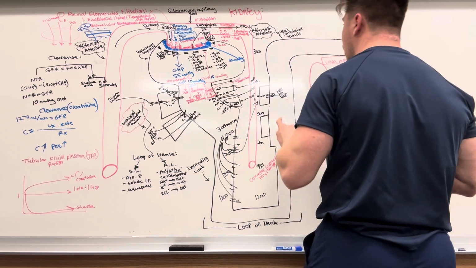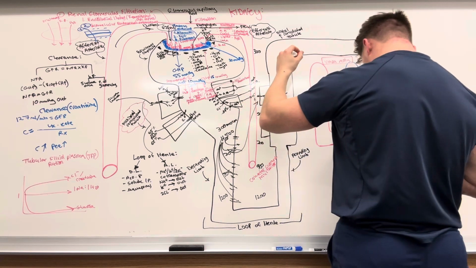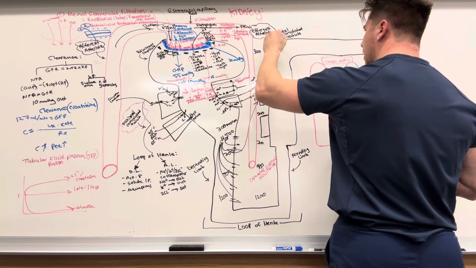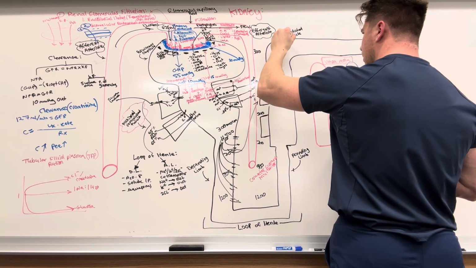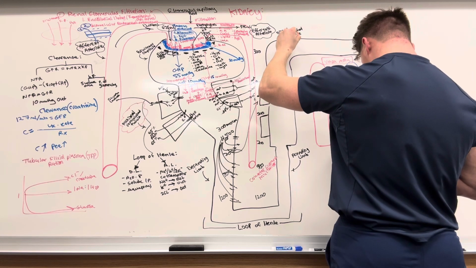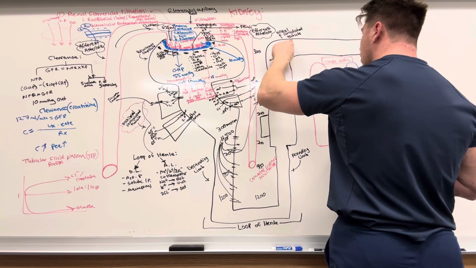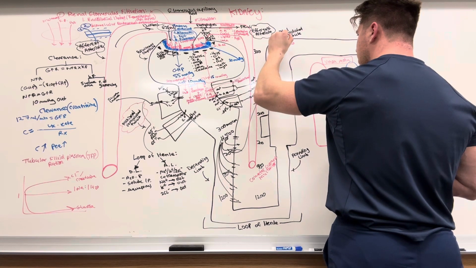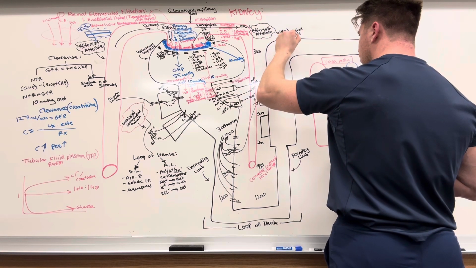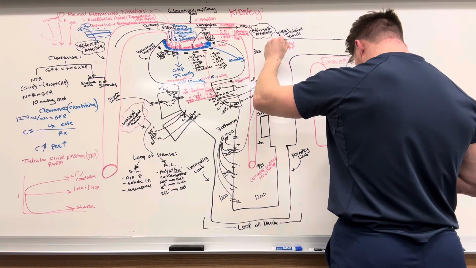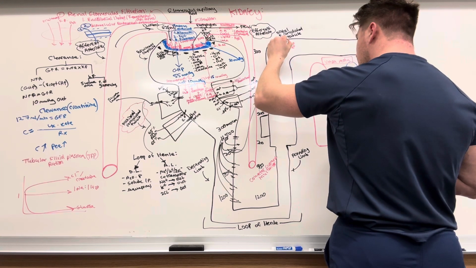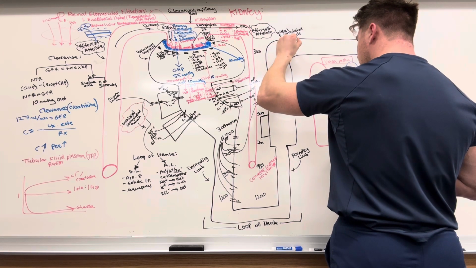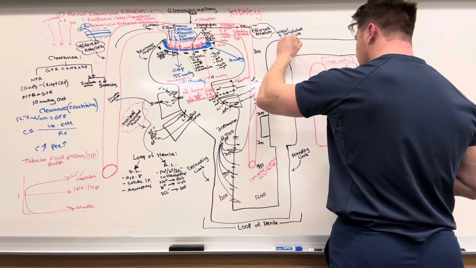At this point in the process of the kidney, we're at 20% sodium left, 20% water, and we're at 10% sodium, and we're at 100 to 200 milliosmolars.